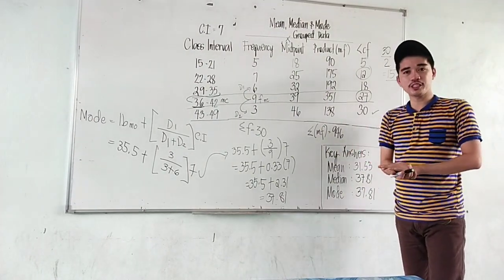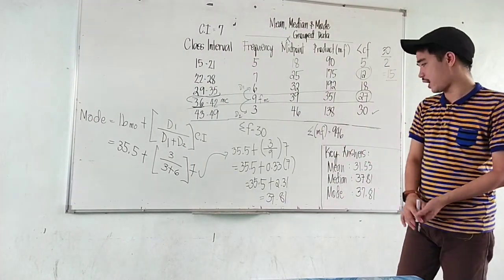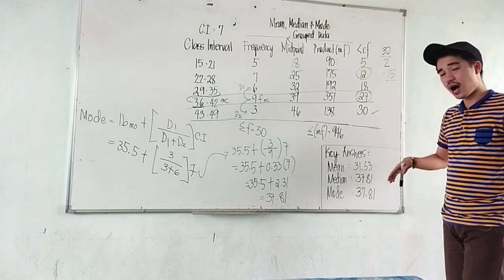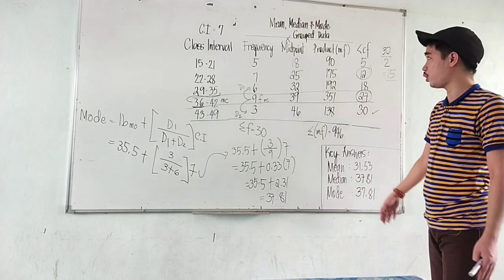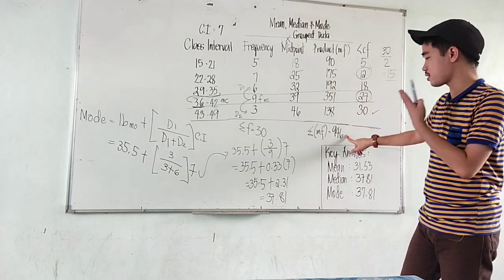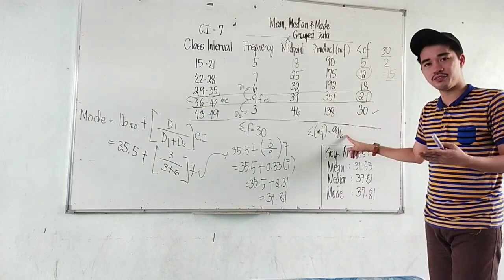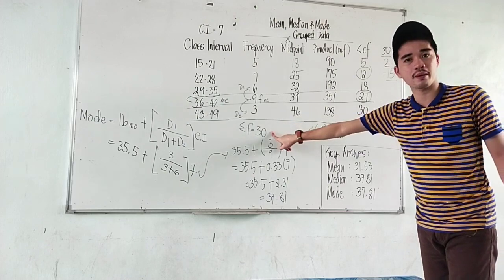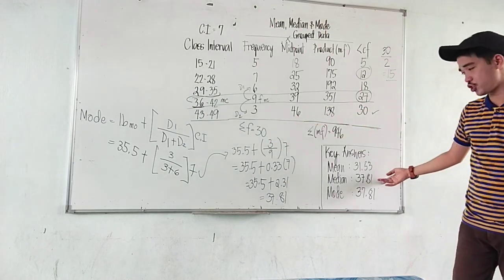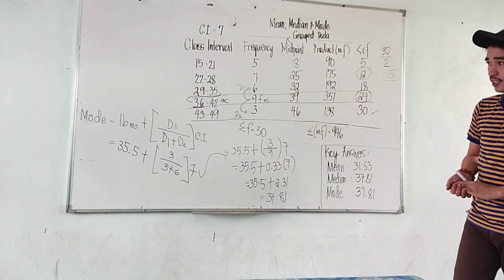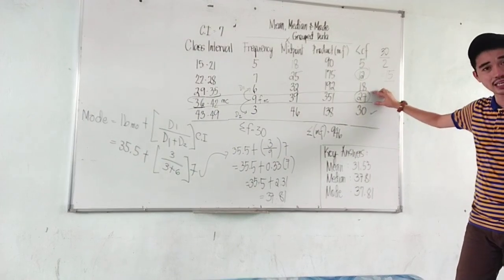Okay? Kaya up po natin ang ating discussion for today. Ang ating mean po ay 31.53. Makukuha po natin ito by dividing the summation of midpoint times frequency to the total summation of frequency. So, yun po yung nakuha natin. We have here the median. So, una po natin titignan is ang median class.